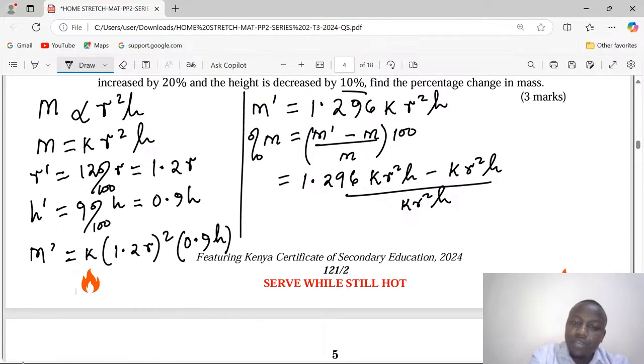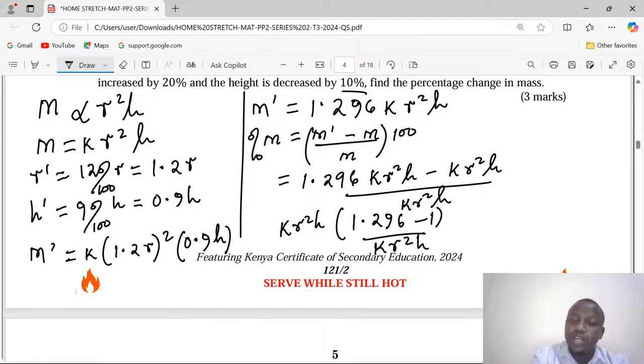Now k r squared h can be factored out, and we remain with 1.296 minus 1, since k r squared h simplifies out at this point.